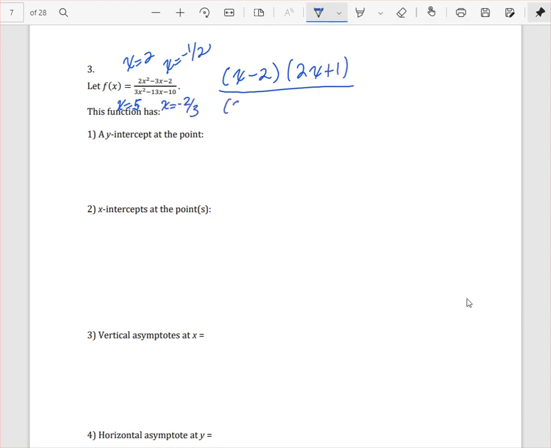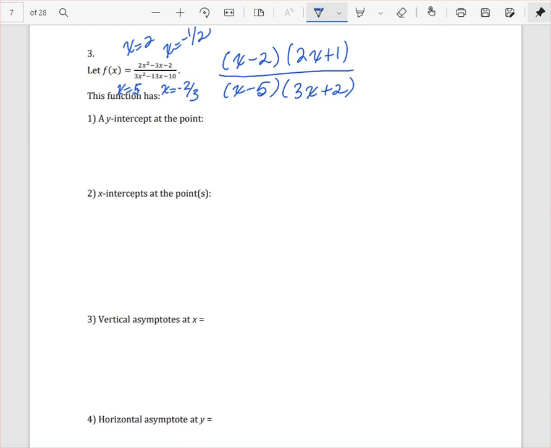So if I was going to factor them, it would be x minus 5, 3x plus 2. We still have nothing that cancels, making me a little uncomfortable, but nothing cancels, so we'll keep it like that. We know it's useful for later things on the question, so I don't feel bad that I did it.